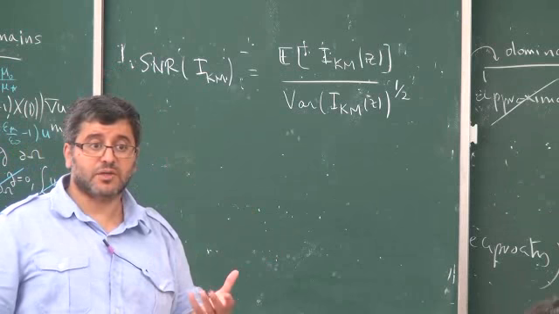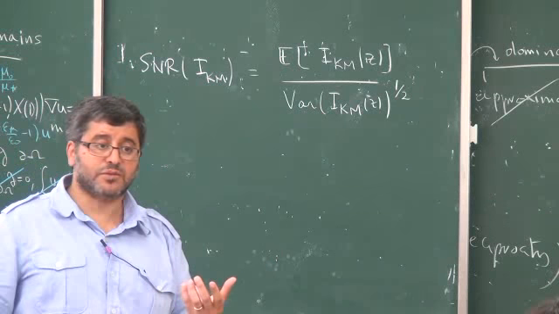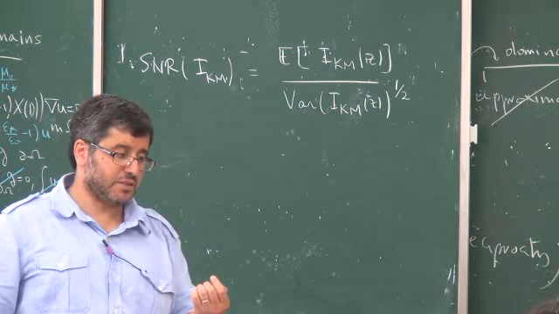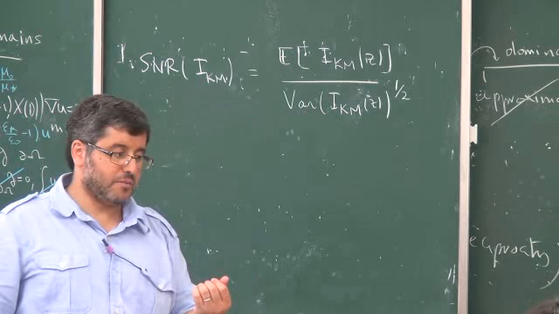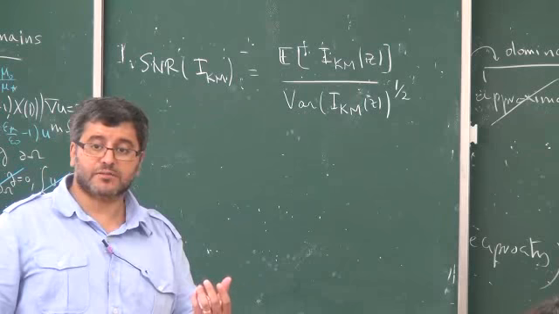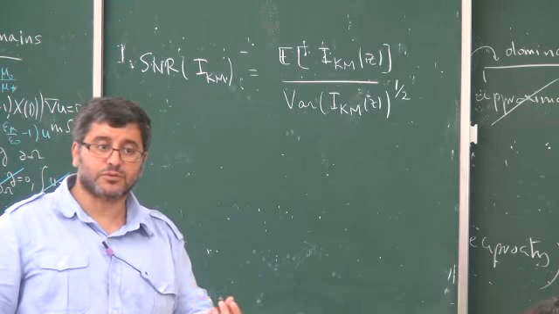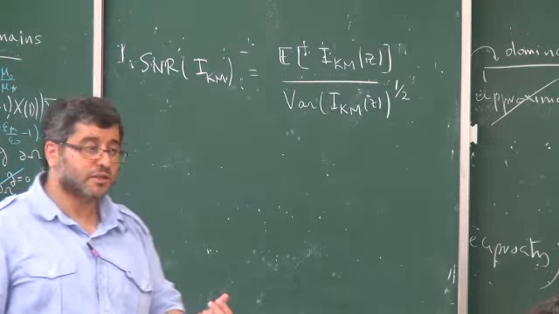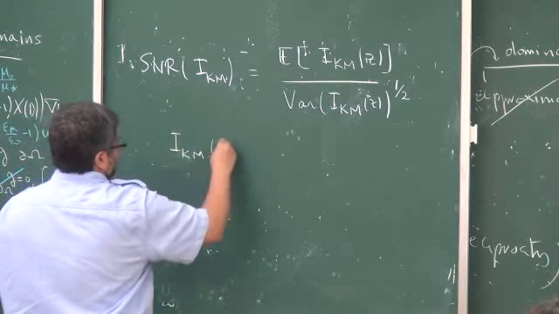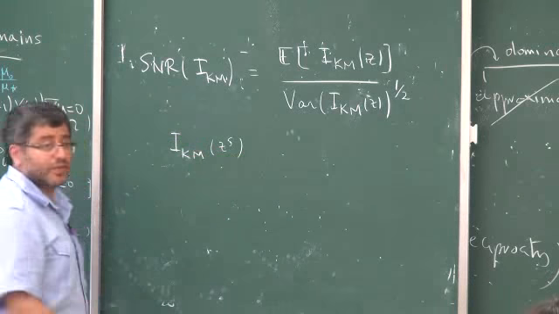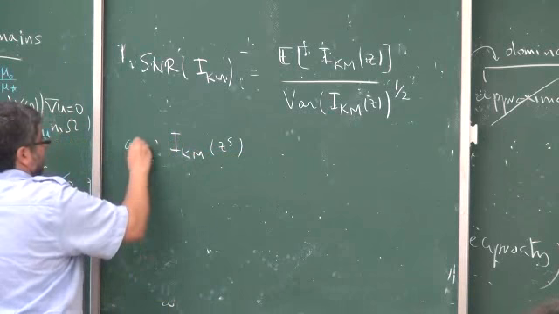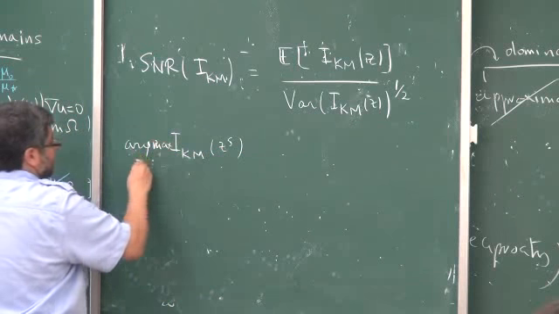Okay, it gives you how this imaging function deviates from the true location. So when you do AKM, you take the argument which maximizes this one over ZS.